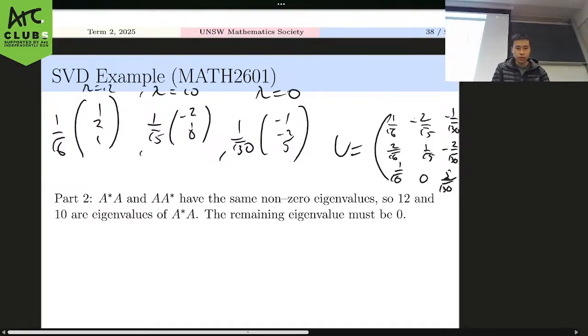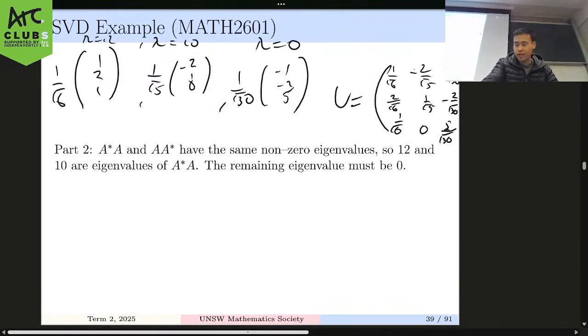So now we have to find our U vectors essentially.